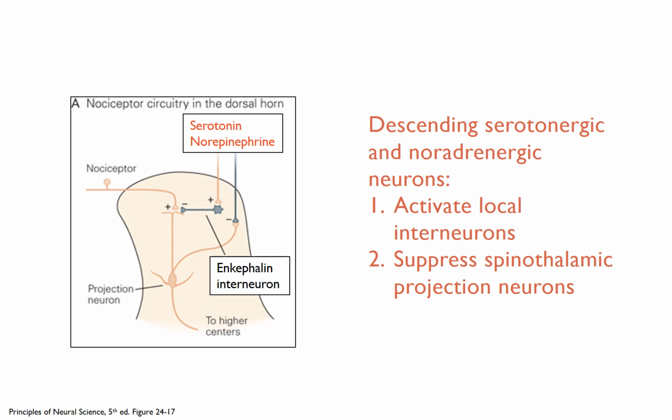Now you can imagine that if something were to go awry with this system, whether it's gate control theory, pre or postsynaptic inhibition, or descending inhibition, if you lose your dampener of pain, if you lose the ability to suppress spinothalamic projection neurons, then that might result in an increased or hyperactive pain state.